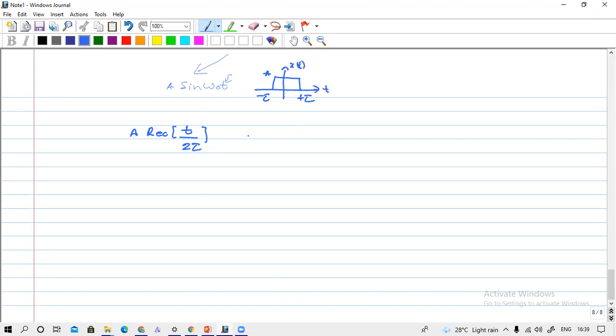When we evaluate the Fourier transform of this signal, we will have 2a tau sync omega tau, correct.